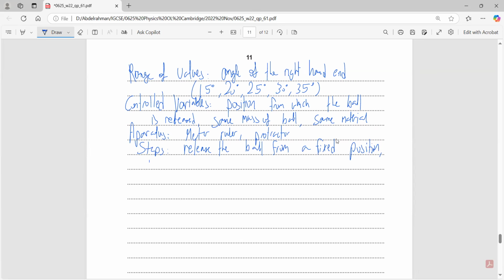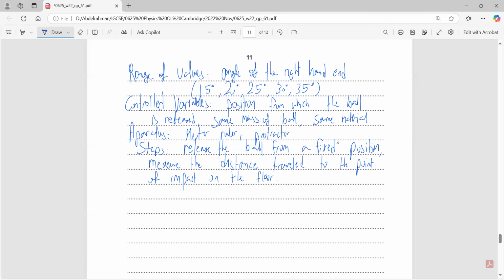Measure the distance, or the horizontal distance traveled to the point of impact on the floor.